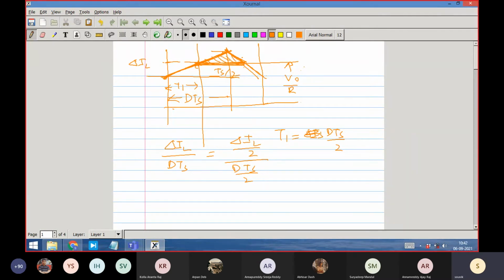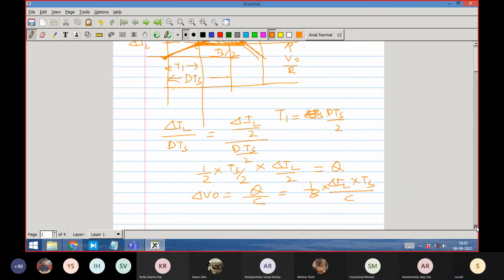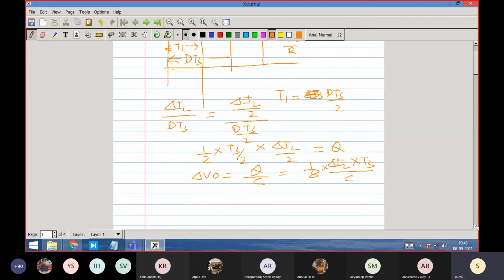So I simply have to find out the charge of this duration. That charge is half into base Ts by 2 into height. Height is delta IL by 2. That must be the charge, and voltage delta V naught is equal to Q by C. So that is 1 by 8 into delta IL into Ts by C. That is the capacitor voltage ripple.